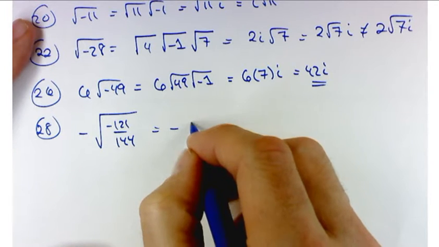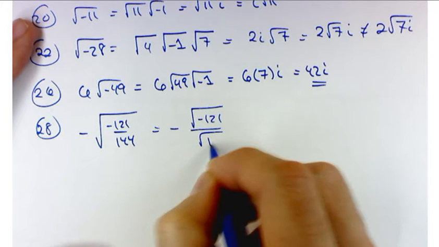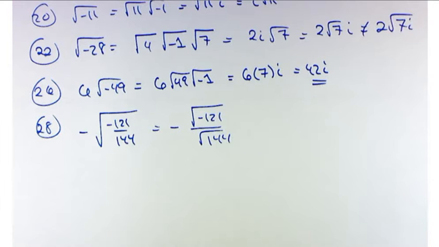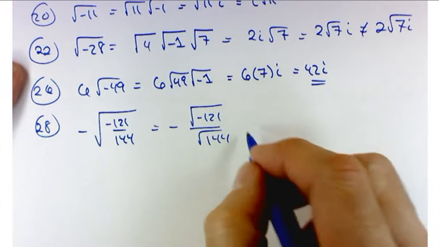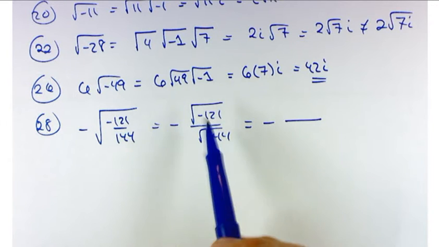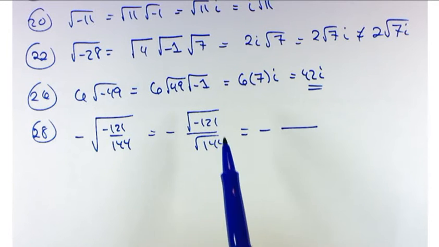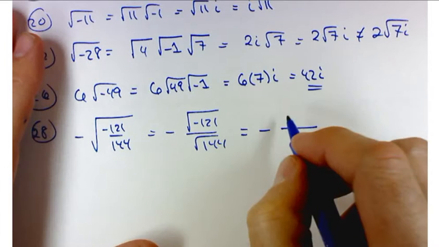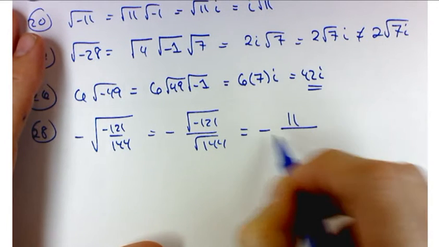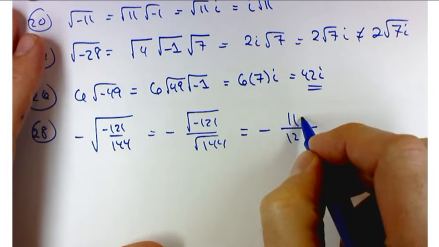I'll leave the negative out front, but I'm going to break up the radical, and I can do that because it's a division. You can break it up as the quotient of those two things. Now, I don't know as though we need to really formally go through all this part of dissecting these things. Maybe you can just tell me, what's the square root of negative 121? 11, 12, and because we have the square root of negative 121, we're going to get 11i there.